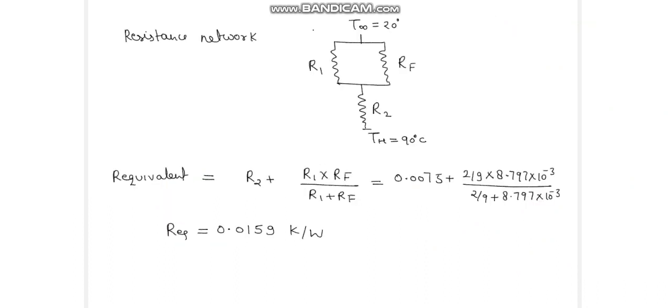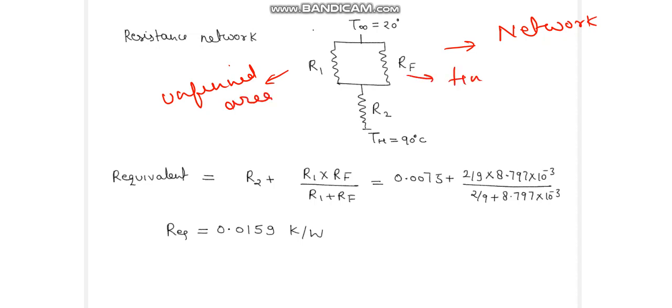Now by knowing all these resistances, we can put them into the resistance network. This is the network here. This is the resistance offered by the unfinned area, this is the resistance offered by the finned area, and this is the conductive resistance.